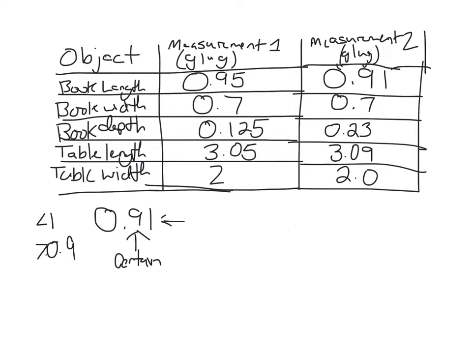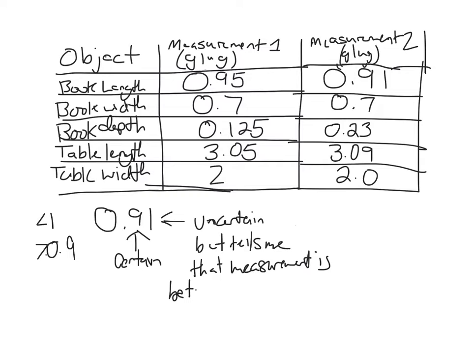What I don't have is the 1. This is uncertain. But there's something important about an uncertain number, and that is, uncertain but it tells me that the measurement is between 0.9 and 1, and much closer to 0.9 than 1.